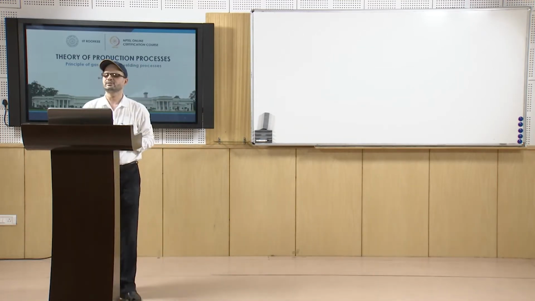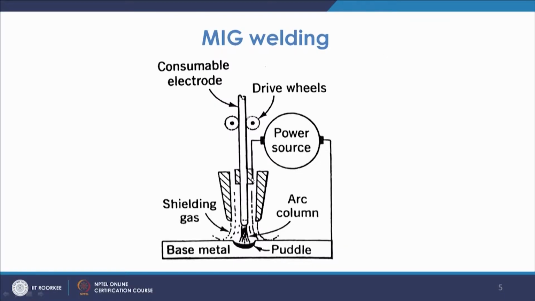So you have the electrode which is consumed continuously, and you also have the supply of shielding gas on these two sides, and the arc column is maintained. Since the metallic electrode is consumed, this process is known as metal inert gas welding.